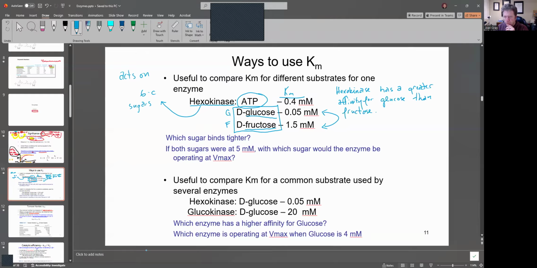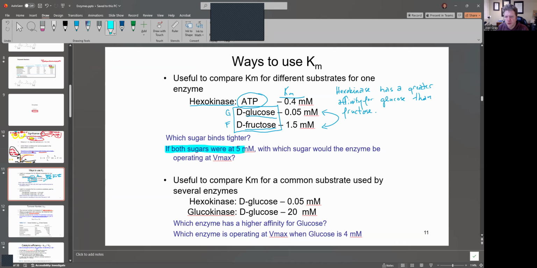Now, it's good to be able to look at those numbers and kind of synthesize that idea, but I want to kind of elaborate on that with this example.